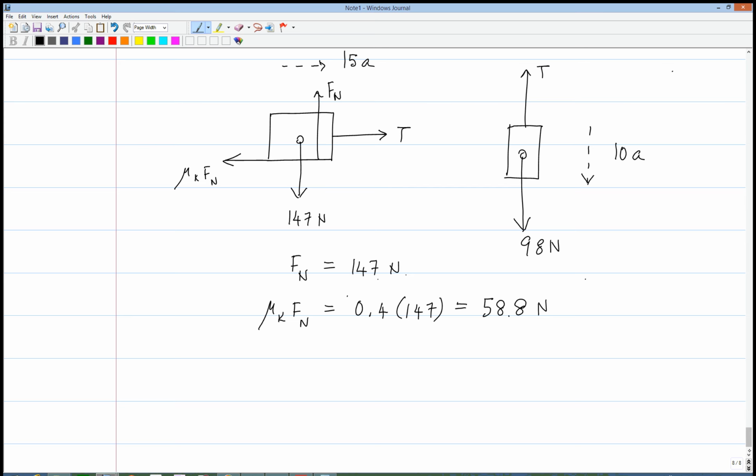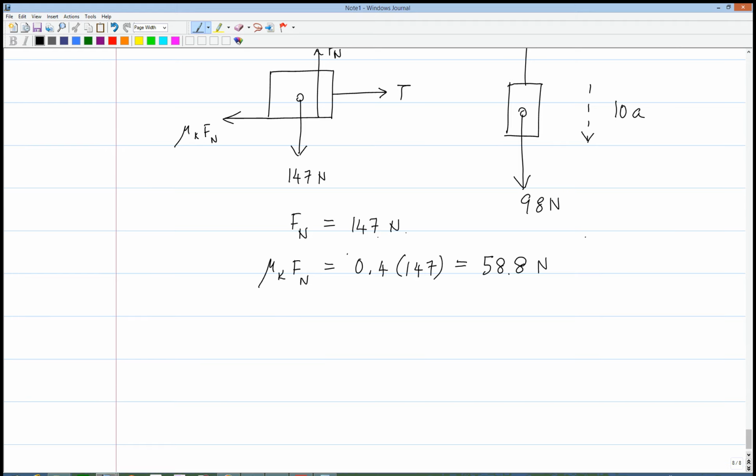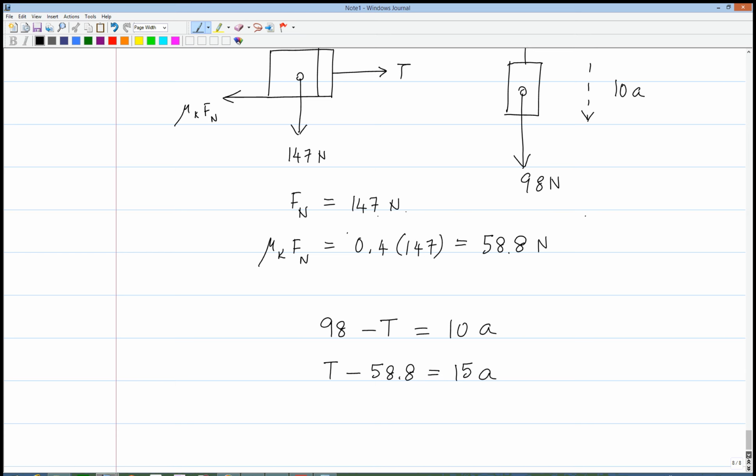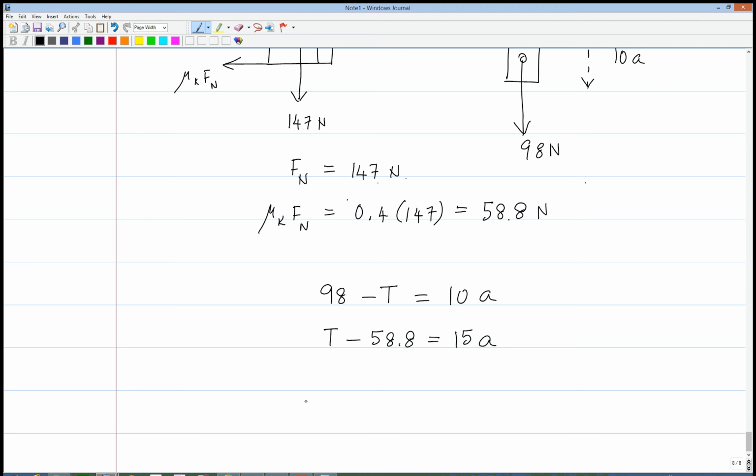So now we are ready with our equations. From the free body diagrams we see that 98 minus T is equal to 10A, and then T minus 58.8 is equal to 15 times A. Once again we have a minus T and a plus T, so we can add up our equations.